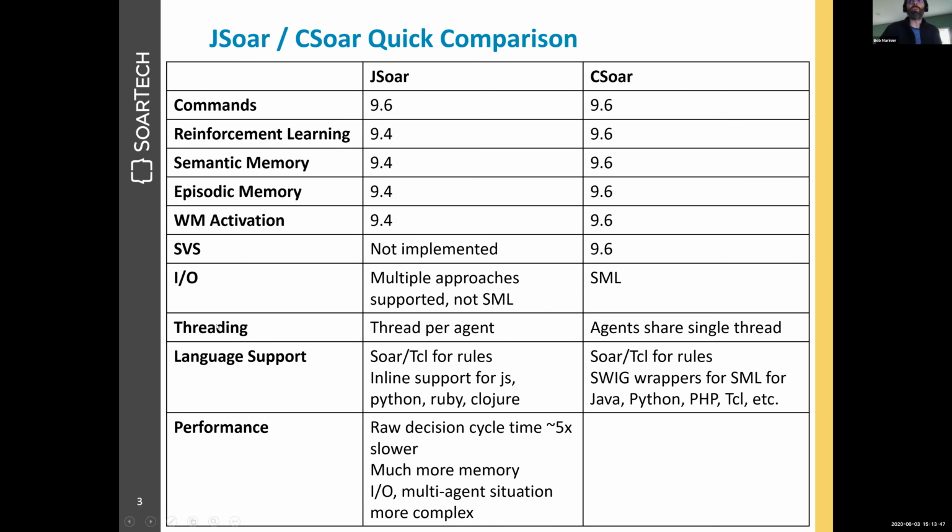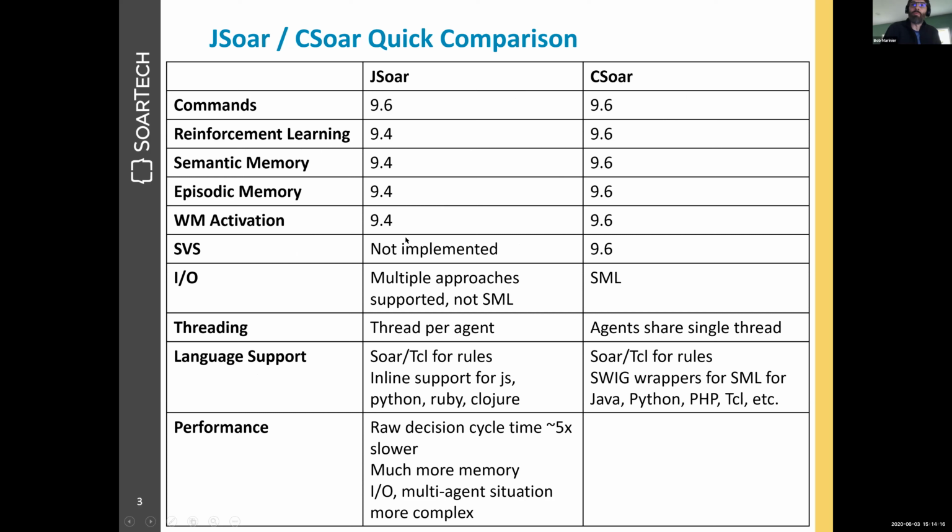Here's a quick comparison between the two. I've kind of done it on version numbers for a lot of this. So for the commands, we did port the command restructure from CSoar 9.6, and so JSoar has that now, along with all the same aliases and everything. And for all the major features, reinforcement learning, semantic memory, episodic memory, working memory activation, those are all kind of on the 9.4 version.